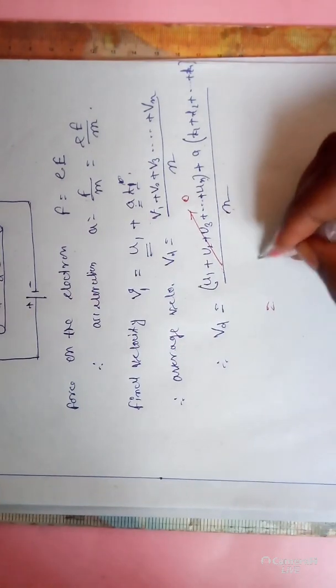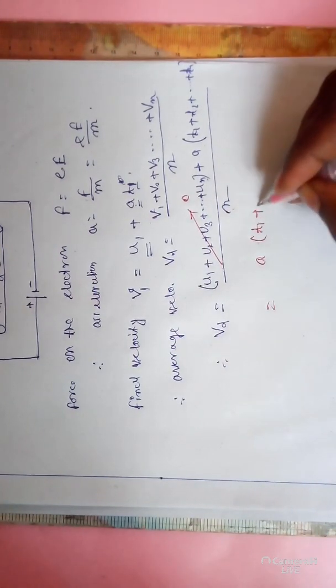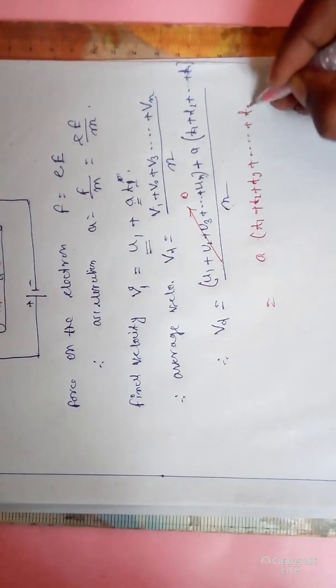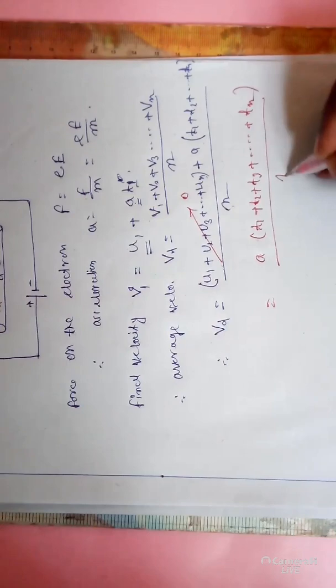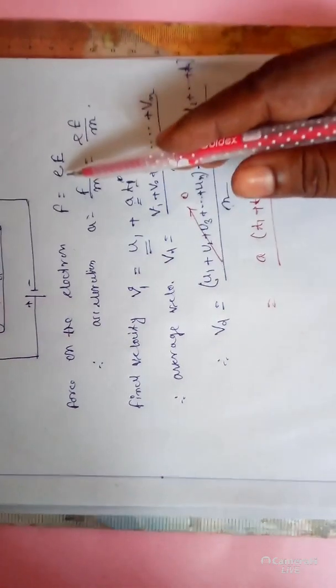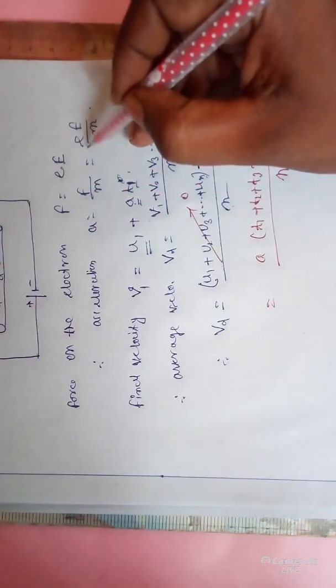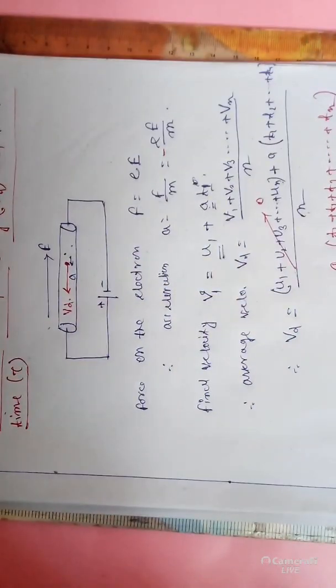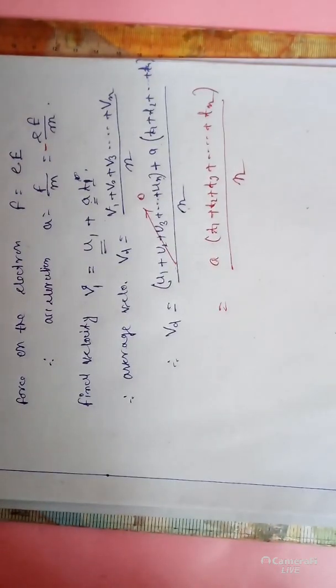If you take acceleration as negative, no problem, because velocity is a vector quantity and the velocity of the electron inside the conductor is in the opposite direction of the electric field, so you can take the minus value. So plus or minus doesn't matter, you just have to calculate the drift velocity. But if you like to take it, no problem.